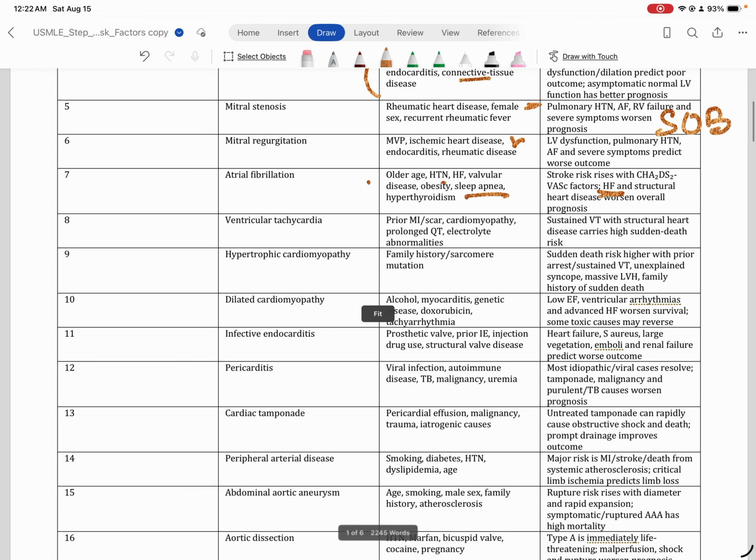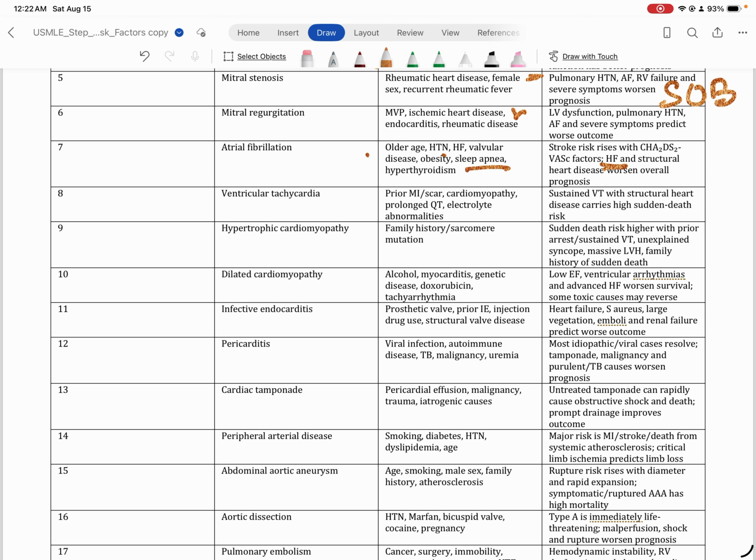Number 8 is ventricular tachycardia. Risk factors for ventricular tachycardia are prior MI or ventricle wall scarring, cardiomyopathy, prolonged QT, and electrolyte abnormalities.